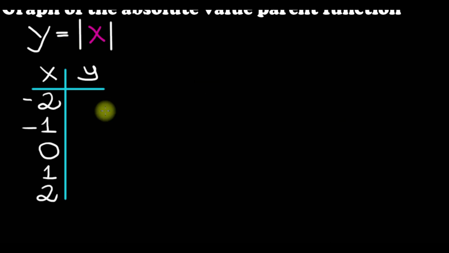We're going to work with these numbers for x: -2, -1, 0, 1, and 2. When I plug -2 into x, I'm taking the absolute value of -2. What's the absolute value of -2? That's going to be 2, because the distance from 0 to -2 is 2.